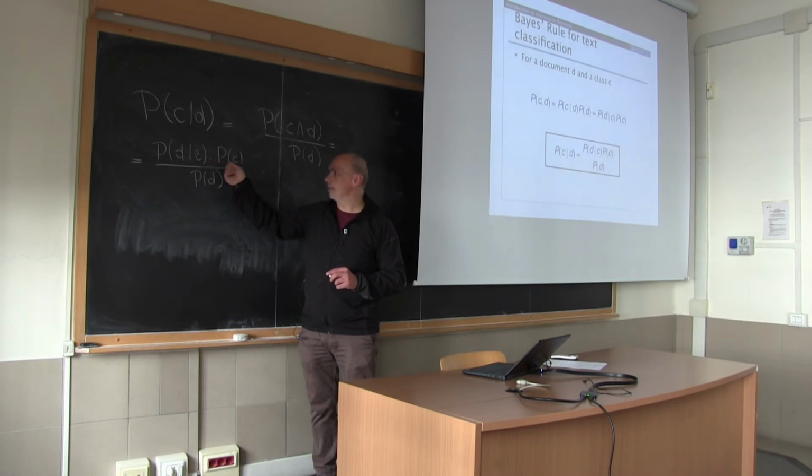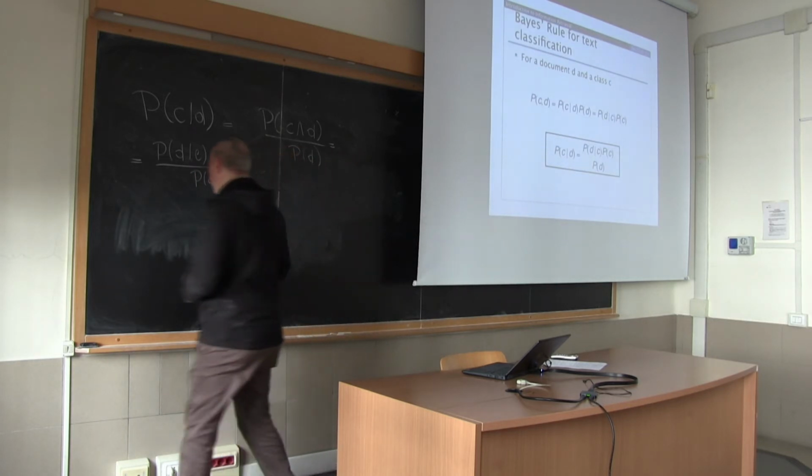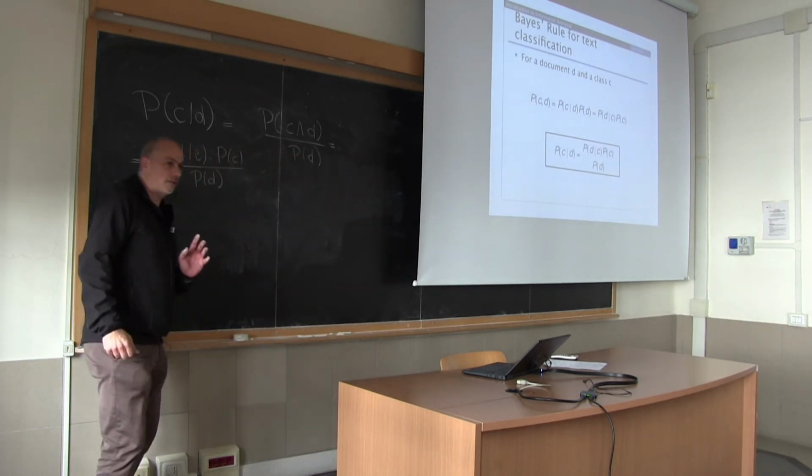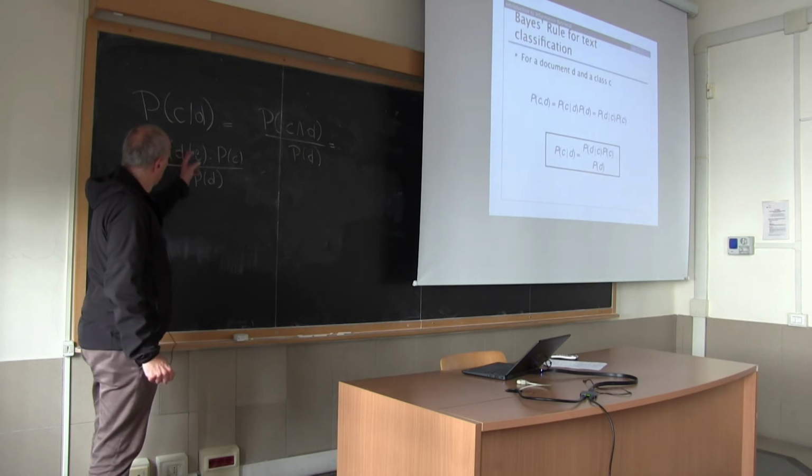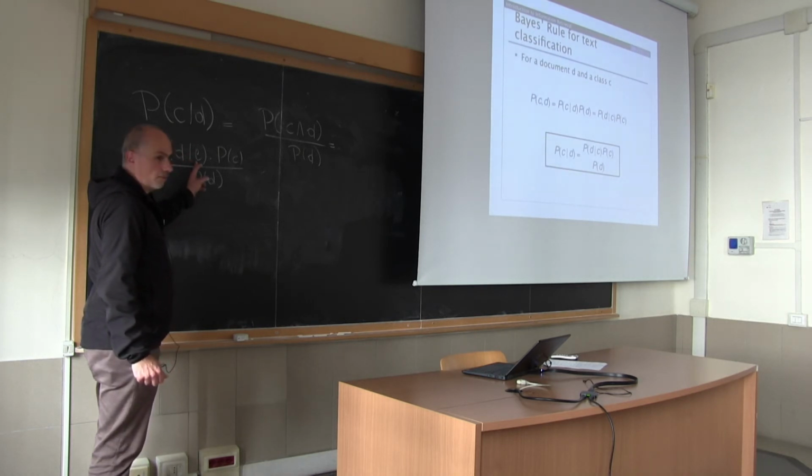First of all, the first type of information is what is the probability that if I pick a document, it belongs to class C. The second type of information is, if the class is C, what is the probability that I will collect document D?